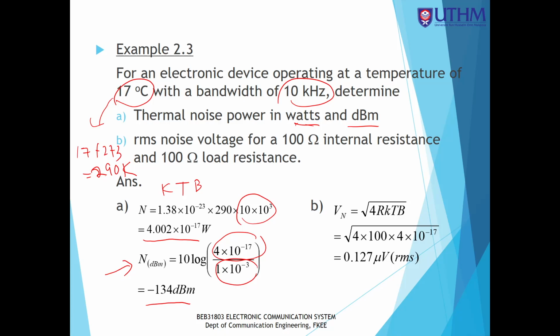And then the RMS noise voltage for a 100 ohm internal resistance and 100 ohm of load resistance. Again, if you draw the picture like previously, you have the internal noise source, then the internal resistance, and then you have the load resistance.